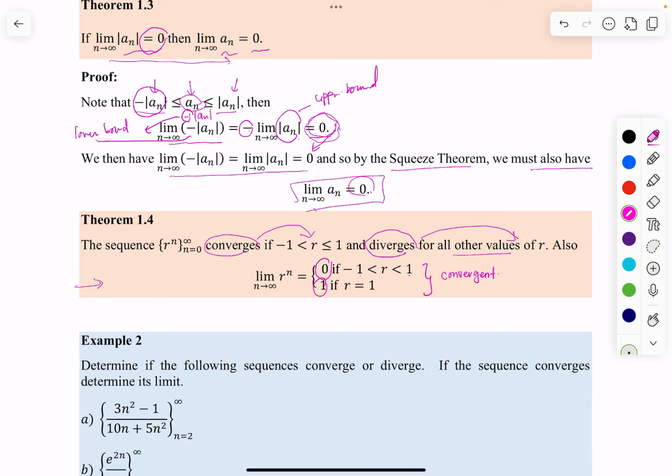We will look later on at how we can apply this theorem in order to recognize if the sequence is convergent or divergent. To know whether the sequence will converge or diverge, we need to find the limit. So I write it here: to determine convergence or divergence of a sequence, we need to find the limit.